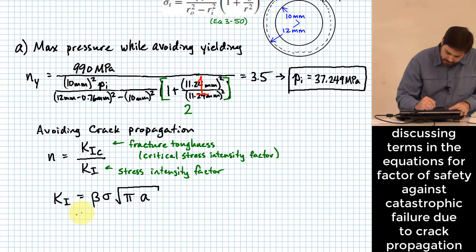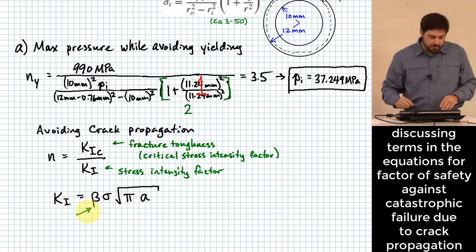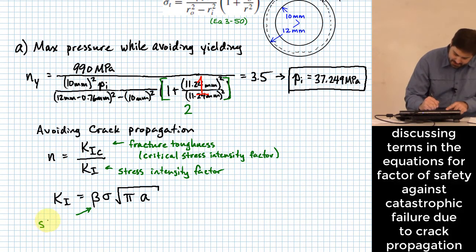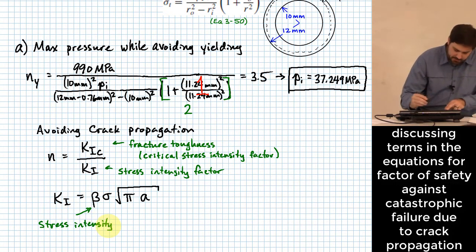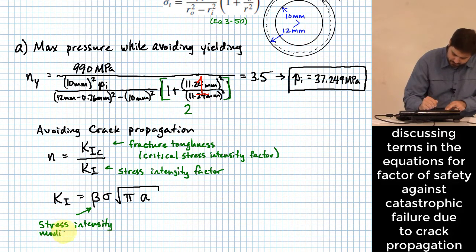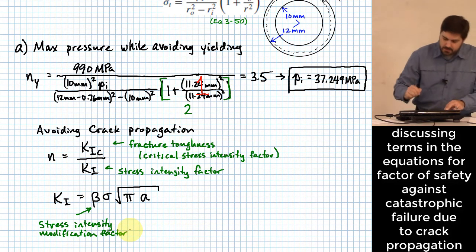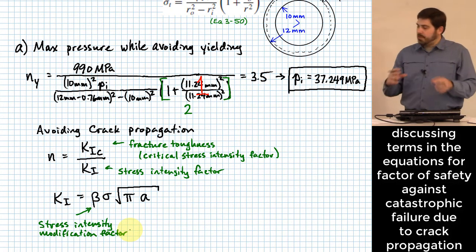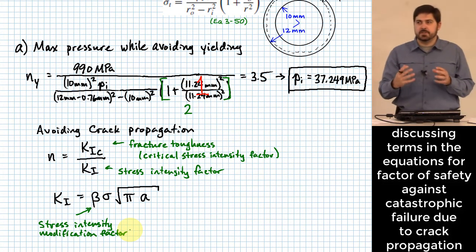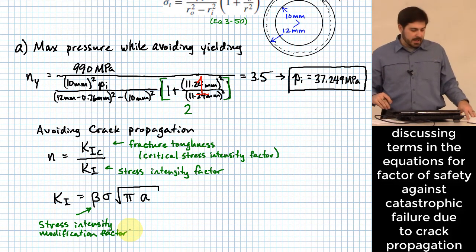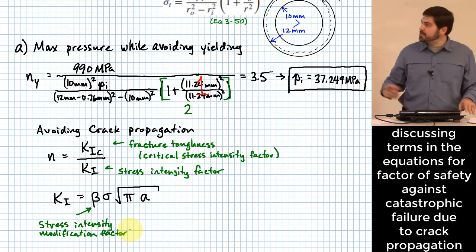So the first one is beta. Beta is called the stress intensity modification factor. It turns out that for different modes that stress is applied to different kinds of parts, we need to multiply by some sort of a factor.